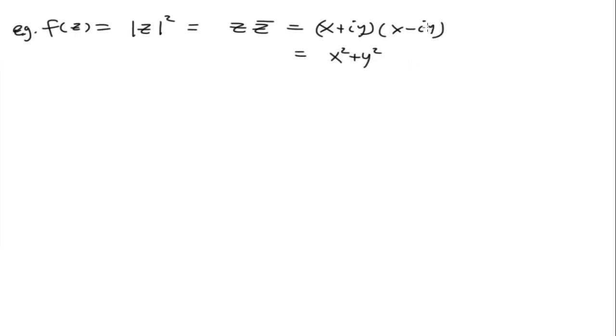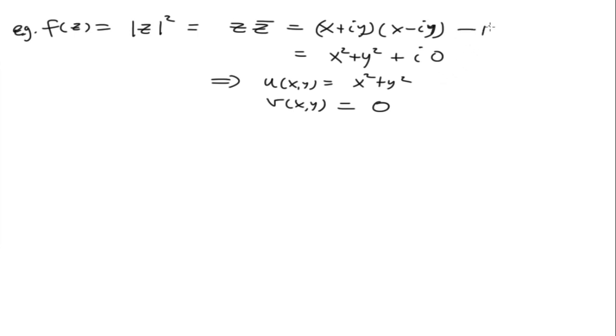Here, the two cross terms cancel, and we're left with i times 0. So in this case, we have u of x comma y is equal to x squared plus y squared, and v of x comma y is just equal to 0. That's an example where this function is actually real valued.